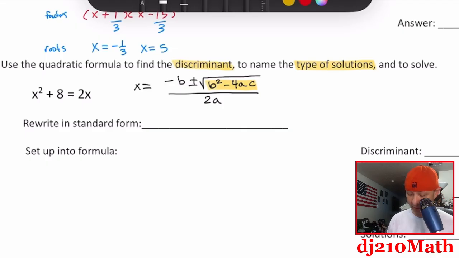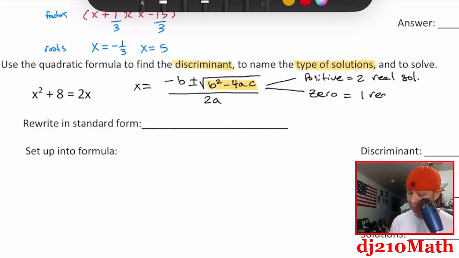So if the part inside the square root is positive, right, a positive number, 1, 2, 3, 4, whatever positive number there is, this means there's 2 real solutions. Or this number could be 0. Then it's 1 real solution.